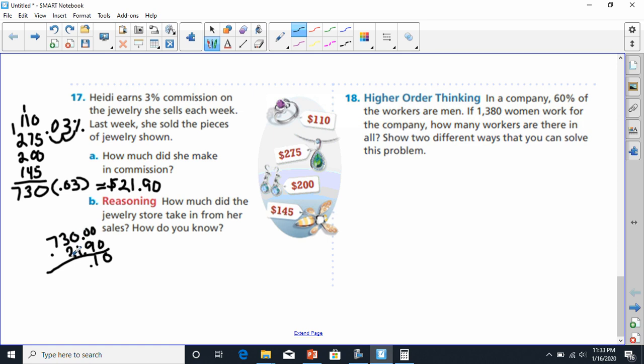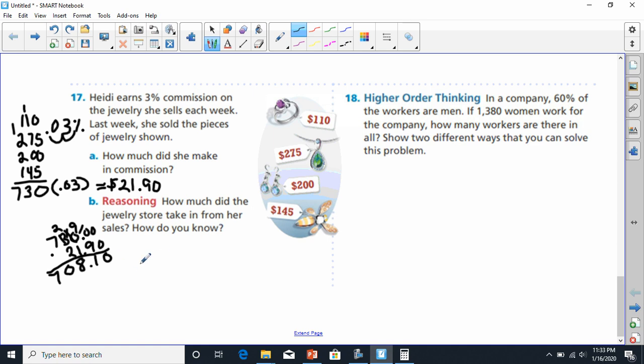This is going to be crossed out, made it 2. This over here will be a 9, and that'd be 10. So 10 minus 9 is 1. And then we've got 9 minus 1, that's 8. And then we've got 2 minus 2, that's 0. And then 7. So that means the store made $708.10.